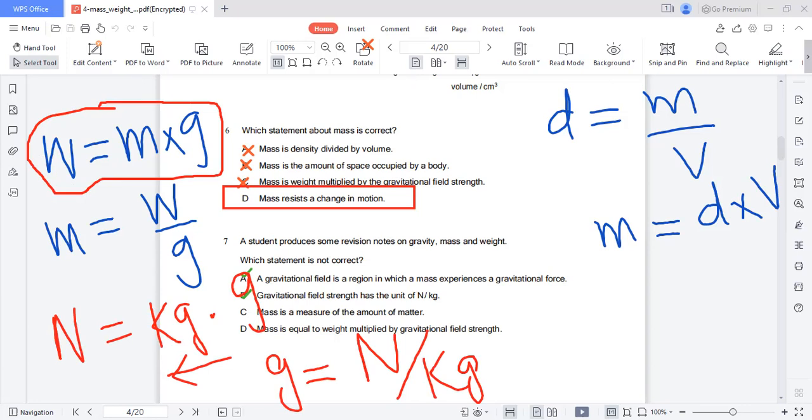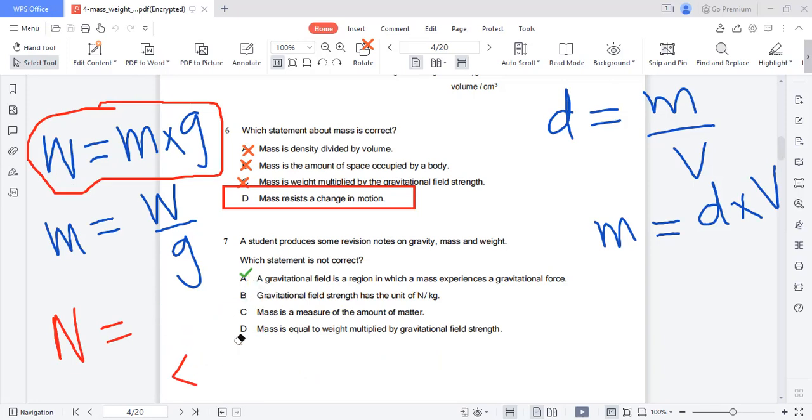Okay. These two options are correct. Okay, mass is a measure of amount of matter. Yes, this is the original definition of mass.